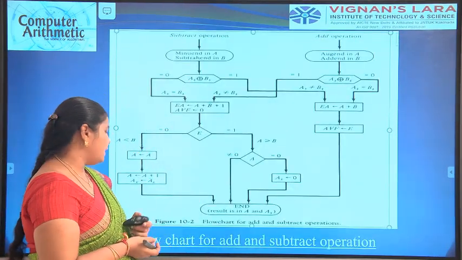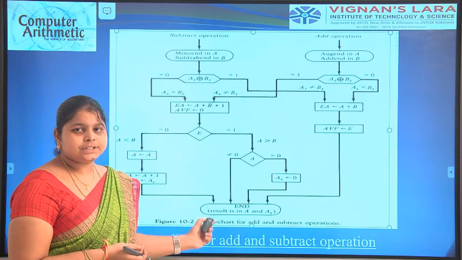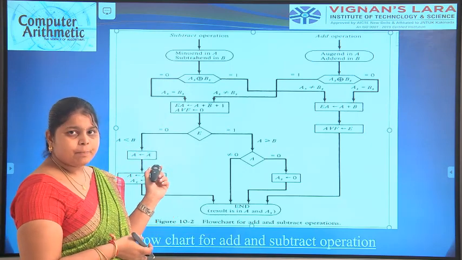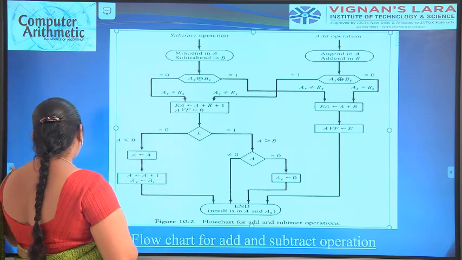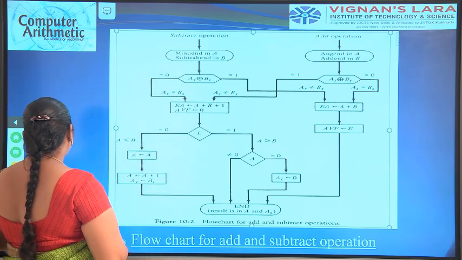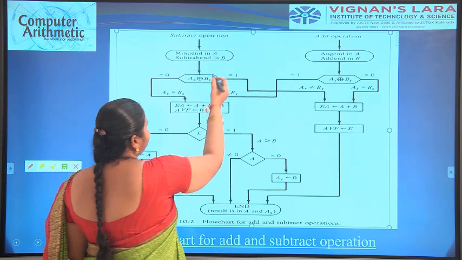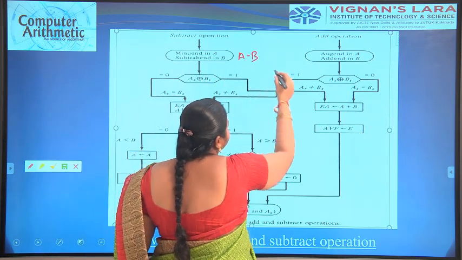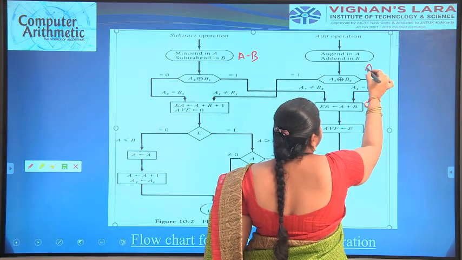This is the diagrammatic representation, the flowchart of addition and subtraction operation. Here the operands are A and B: A minus B, and in addition A plus B.